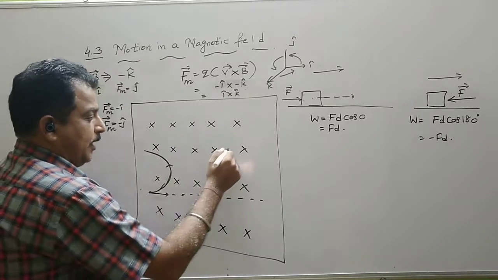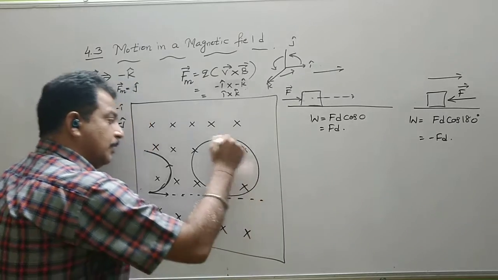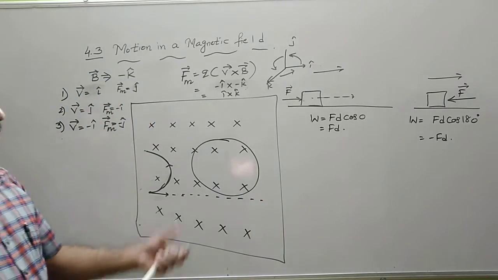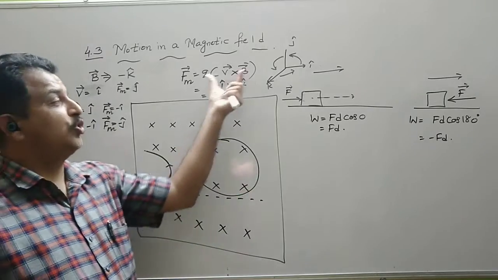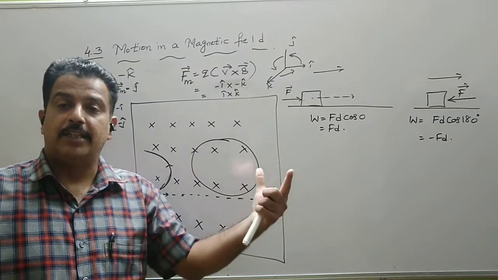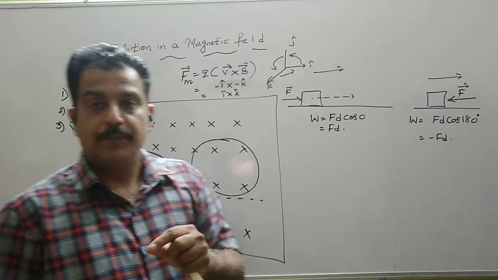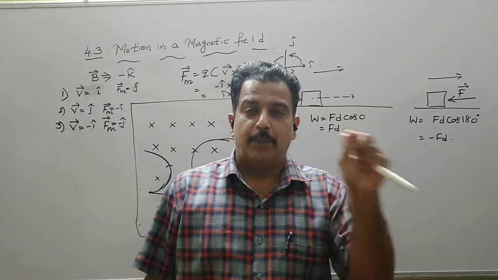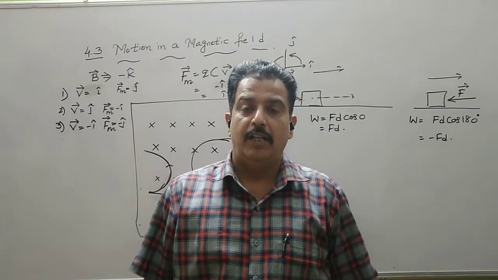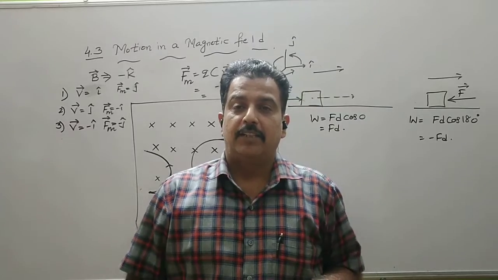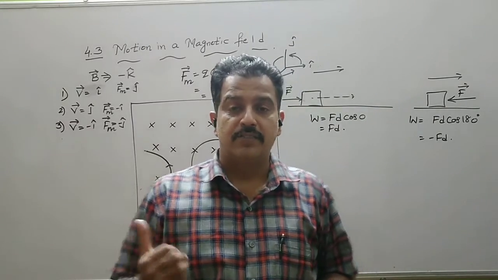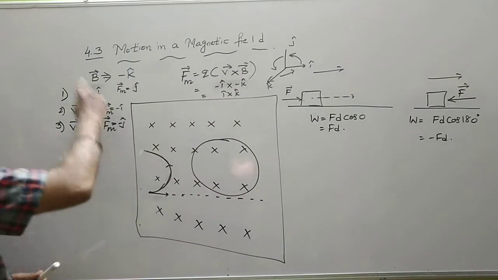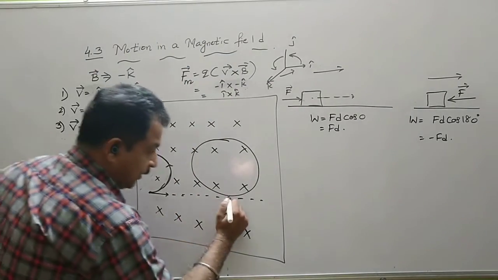Let us draw this diagram at this point. This is the situation where we apply a right hand screw rule at each and every instant. So whenever a charged particle enters perpendicular to the magnetic field, at every instant the force acts on it and the path becomes circular. So let us see this first situation at this point.